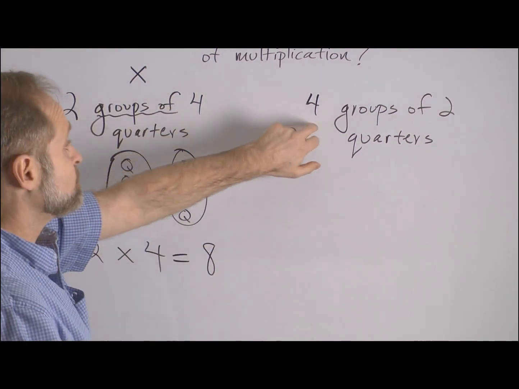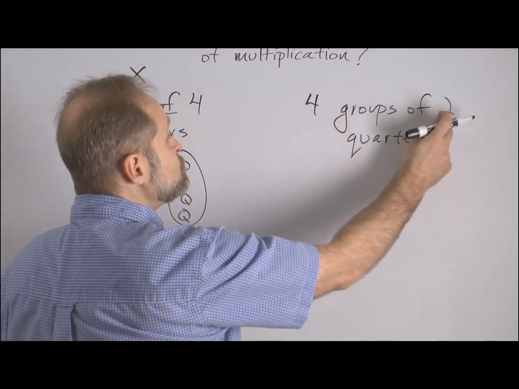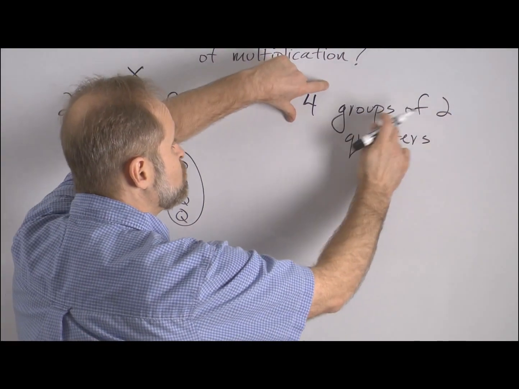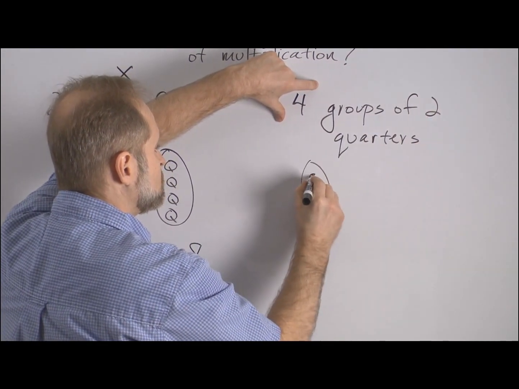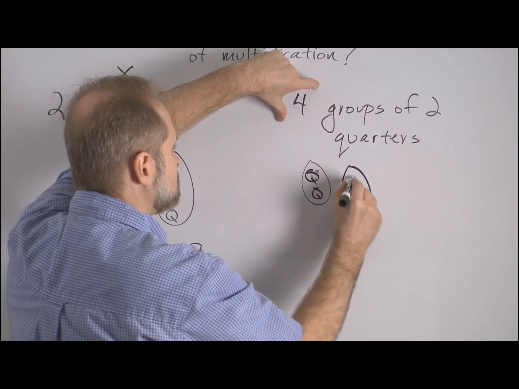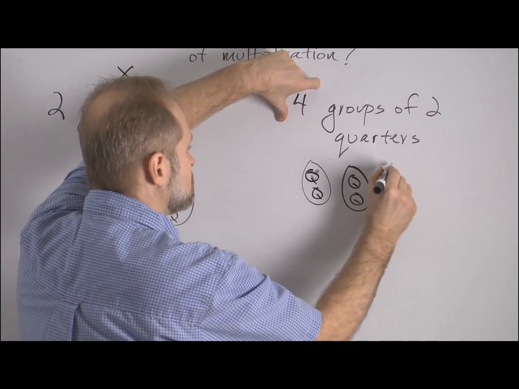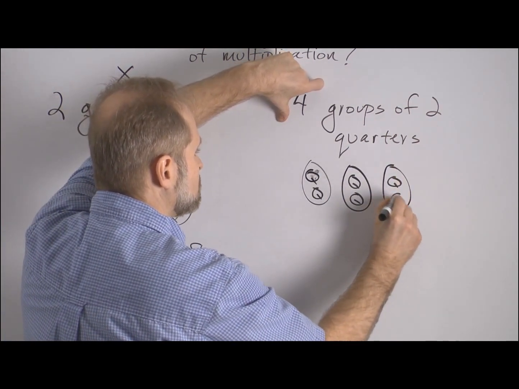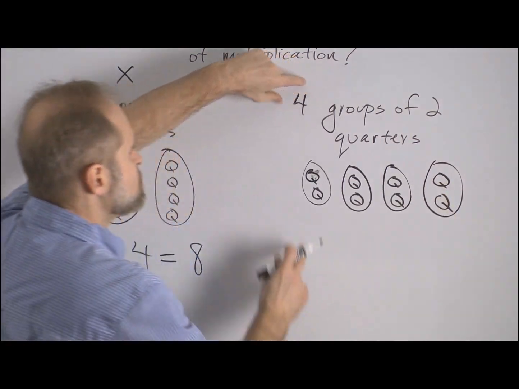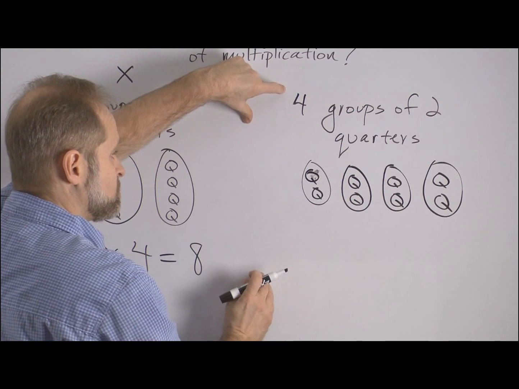Let's look at the other option. Here we have 4 groups of 2 quarters. Let's go ahead and draw these. These are groups of 2. So we have 4 groups of 2 quarters.